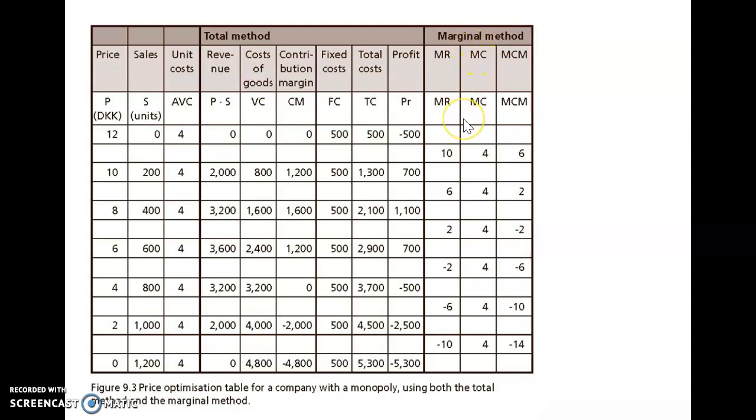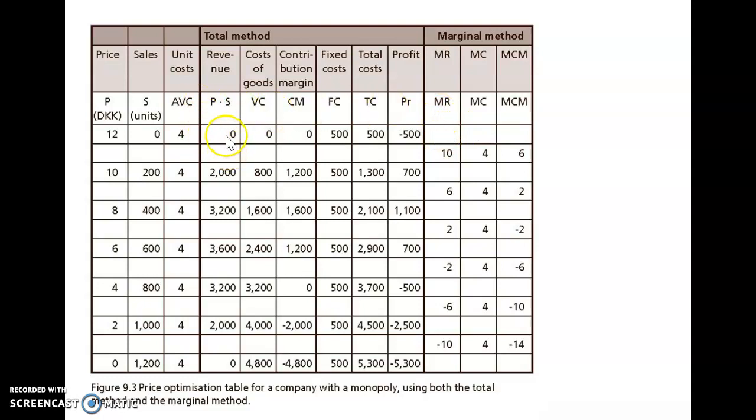Here you have to calculate the marginal revenue, the extra revenue every time you sell one unit. And of course, the marginal cost here is 4, because every time you buy a new unit, your cost price is 4. So the marginal cost is 4 the whole way through. Let's see how to calculate the marginal revenue.